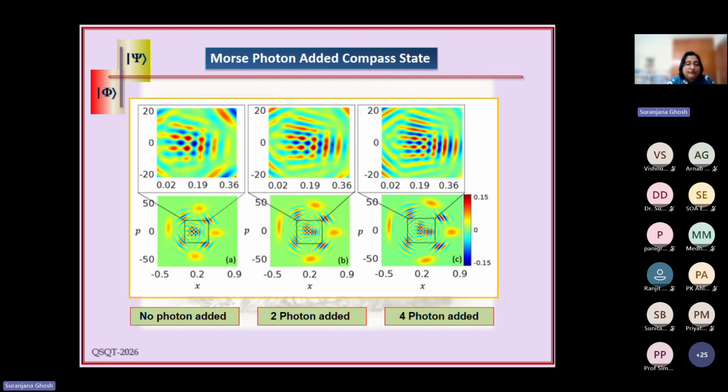So these are the 4 wave packets, and one can see the quantum interference region in the middle, and in the central region one can find a similar kind of checkerboard pattern, but not symmetric. With increasing photon numbers, the phase-space support as a whole is increasing, and one can see that the dimension of these structures is decreasing.